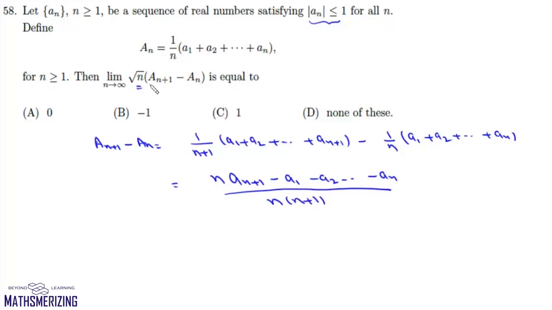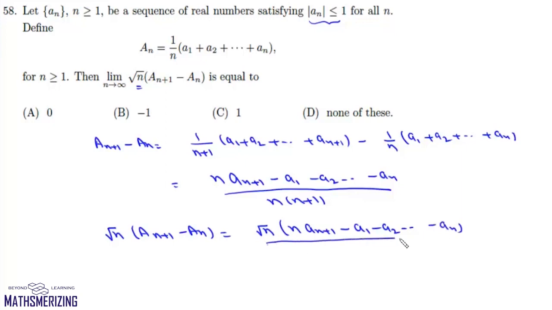Now we'll multiply it with under root n. We can write under root n times (An plus 1 minus An) will be under root n into (n times an plus 1 minus a1 minus a2 minus ... minus an) upon n into (n plus 1).